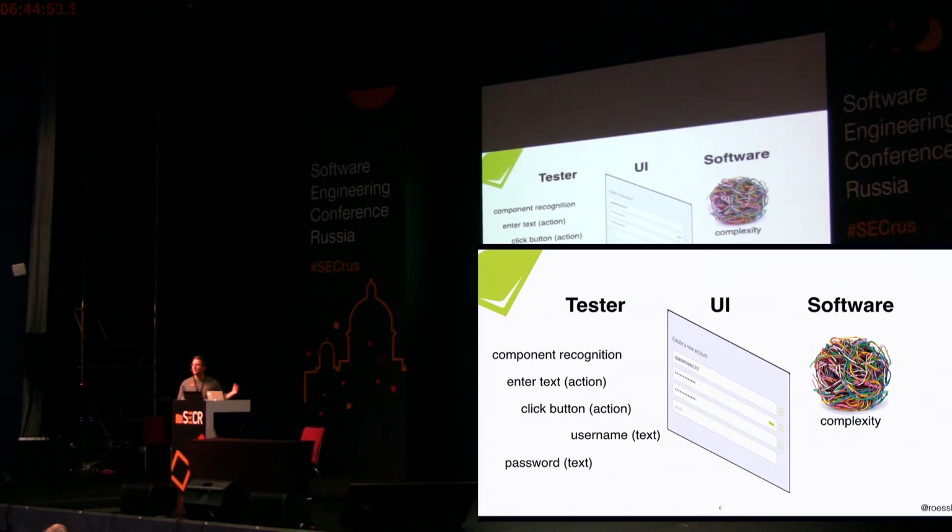The task of the tester is just identifying components that he wants to interact with, then interacting with them, like clicking and entering text, and maybe some test data maintenance because of, like in that case, username or password. But that looks like the task of the tester is rather simple, and therefore could be automated using AI.